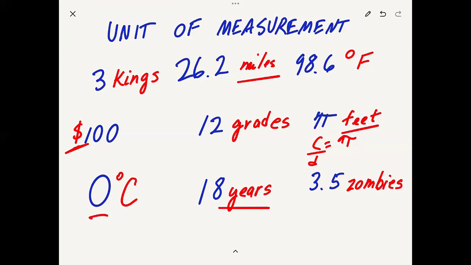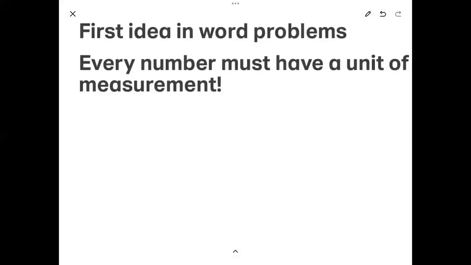So let me synthesize this. Whenever you are dealing with a word problem, every number in the word problem has to have a unit of measurement. They have to tell you what they're measuring these numbers in. Make sure every number must have a unit of measurement.